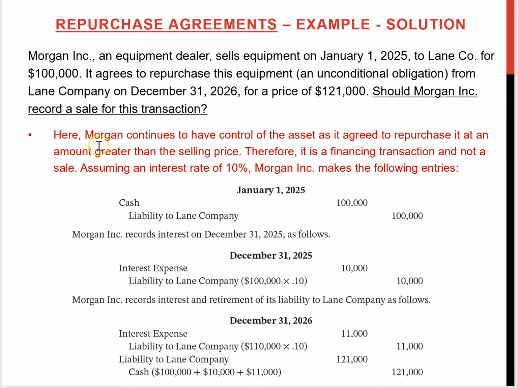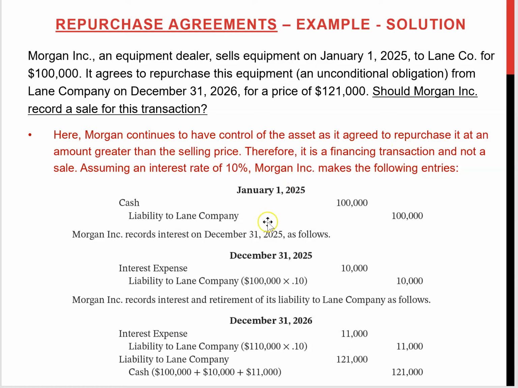Now here remember, the buyer is not getting the control over the asset. So Morgan still has the control of the asset, right? Because Morgan can repurchase it anytime, and when Morgan repurchases it, it can sell it to anyone else. Right.